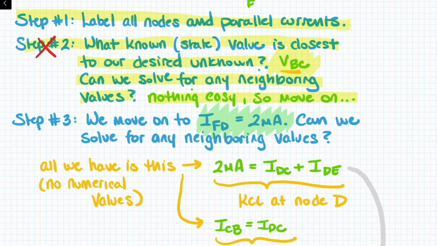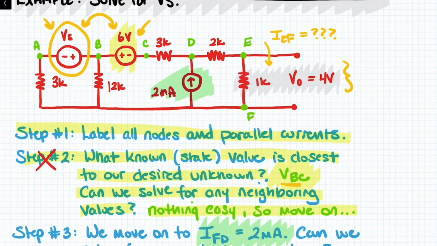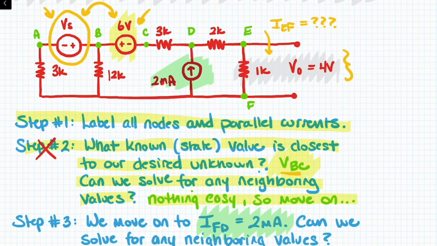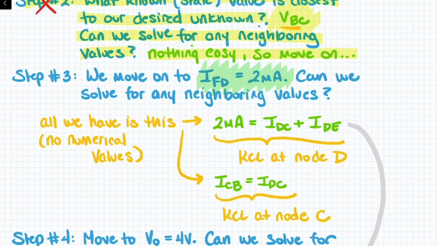So let's move on to the other known value, which is IFD, right here. Can we solve for any neighboring values? Again, we're using this method where we're expanding outward.